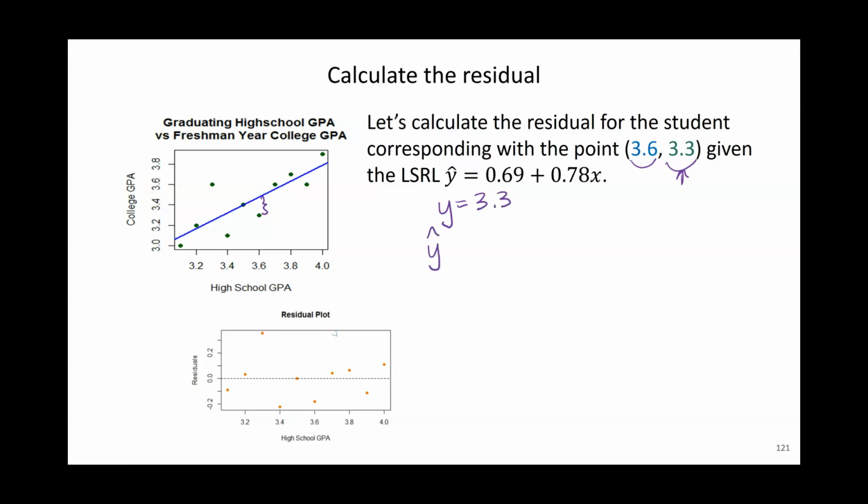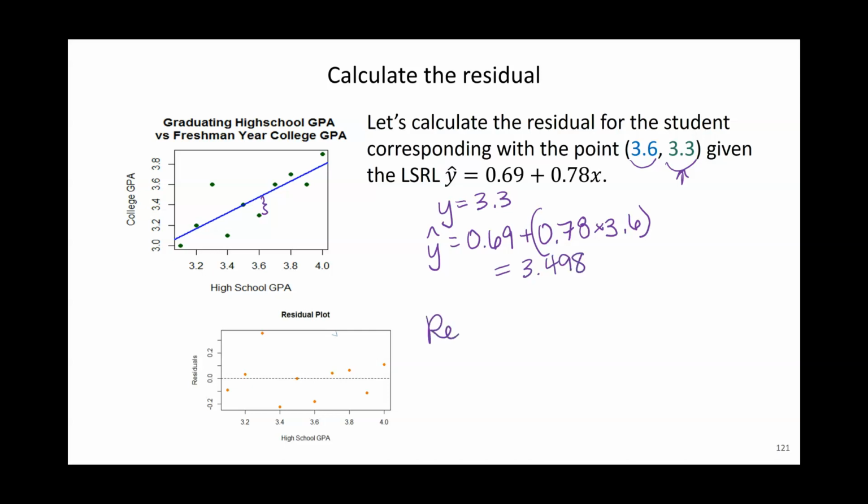Y hat, that's when we plug the 3.6 in there. At 3.6, we did this a few slides ago for making a prediction. So I'm actually going to write it this way. Do the multiplication first. You end up getting 3.498.